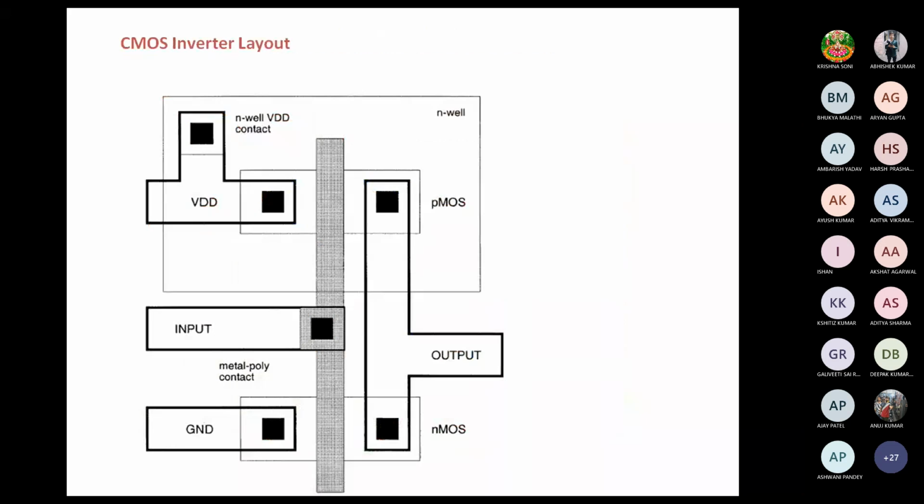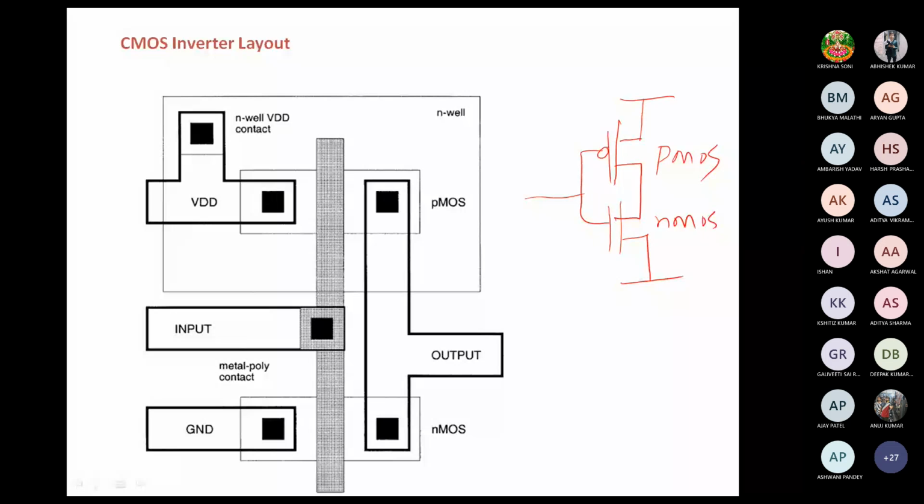A CMOS inverter layout is shown here. We will be discussing these inverters in detail later on. So in an inverter, mostly we have a PMOS and NMOS, gate, VDD, and ground, like this.